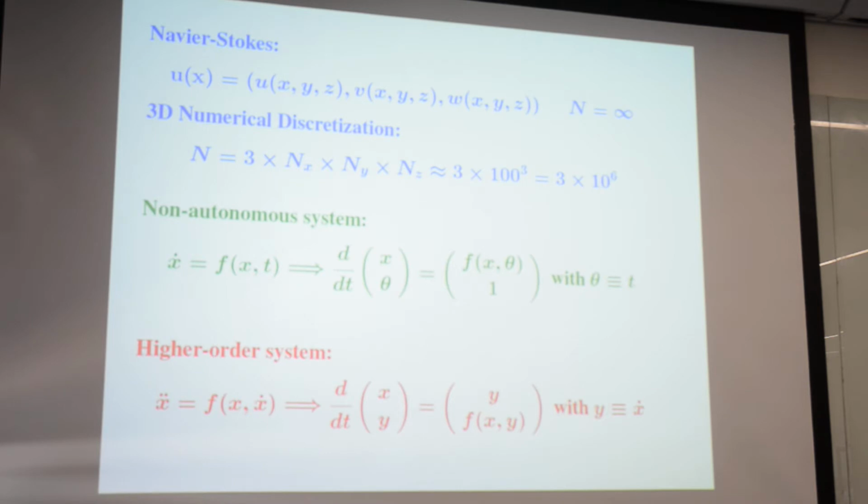So theta is the time, and it's changing in some trivial way. And now you have a new system with one more dimension than the original one, and it's become an autonomous dynamical system.